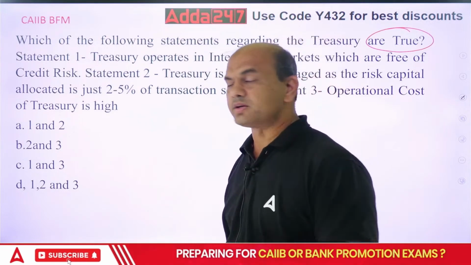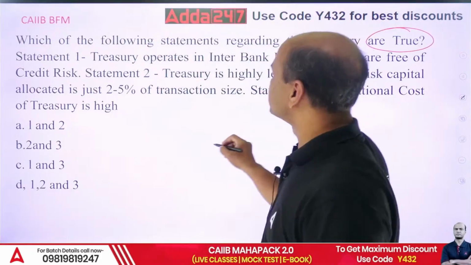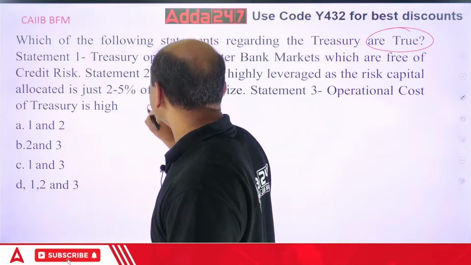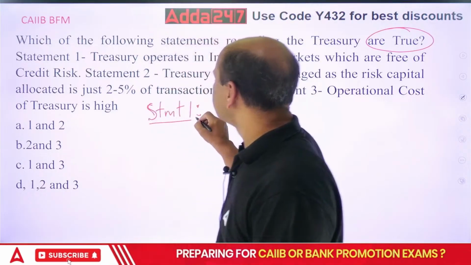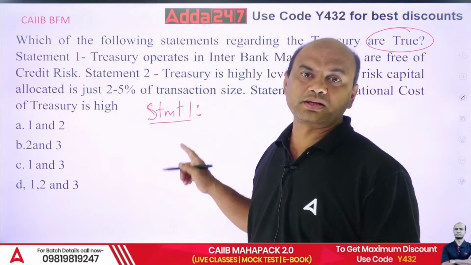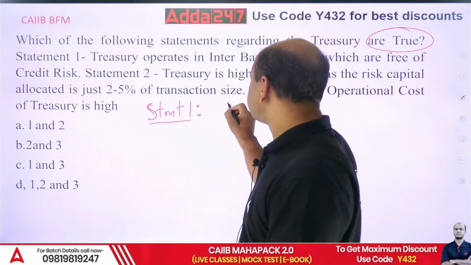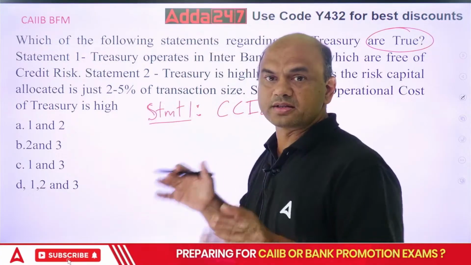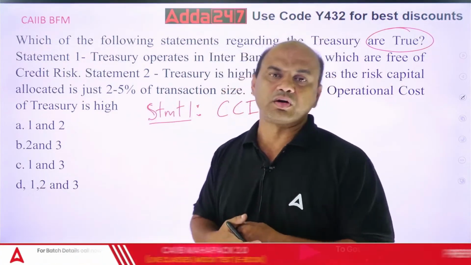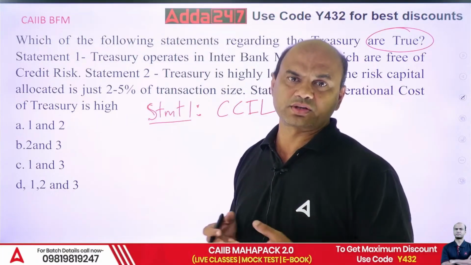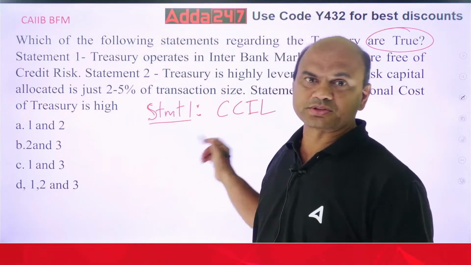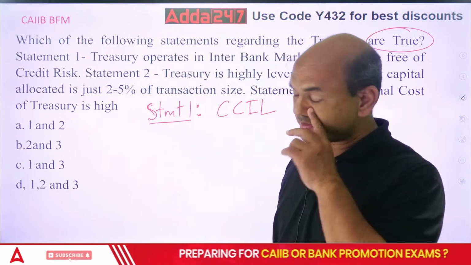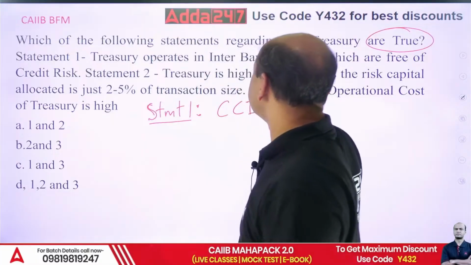The credit risk part here is covered by CCIL. CCIL gives you the guarantee because it is the operator in between. It is the agent, or a clearing agent. It takes the responsibility. CCIL, Clearing Corporation of India. So statement 1 is true.